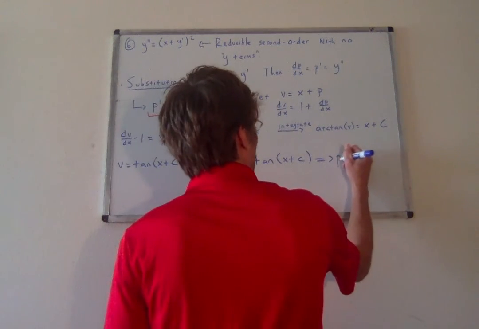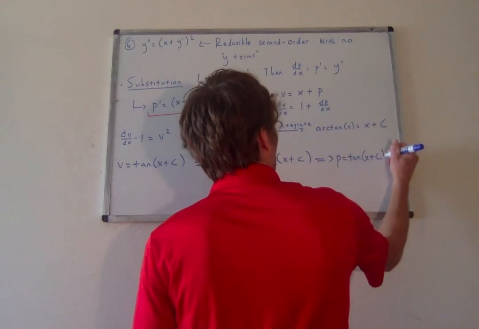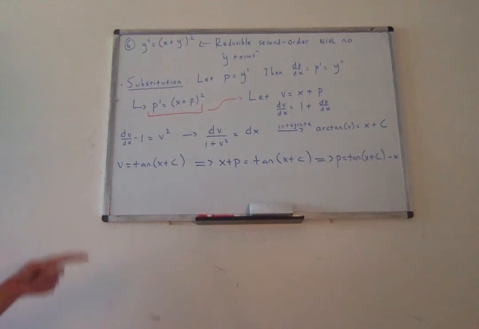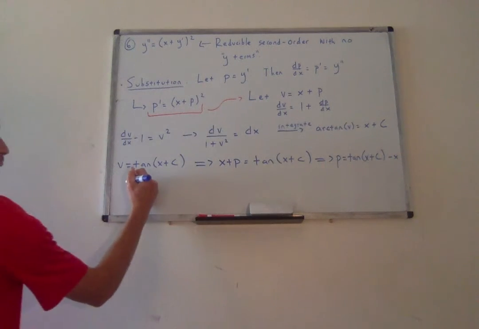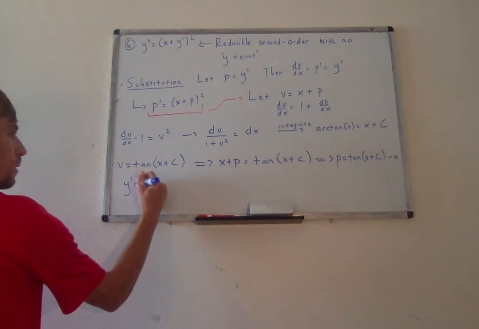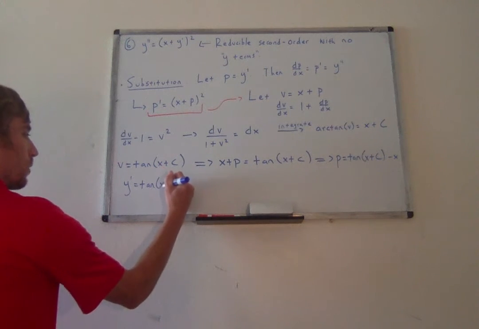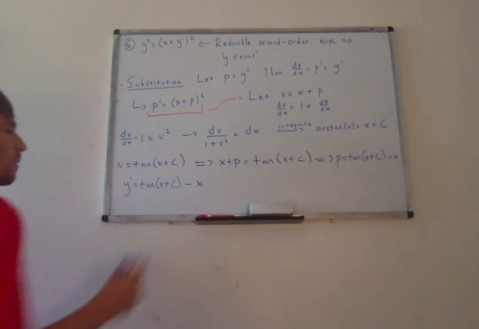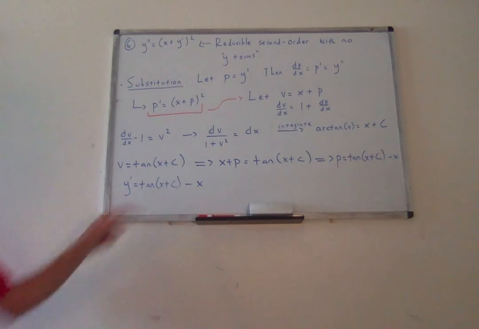And so p is equal to tan of x plus c, minus x. But what was p? p was equal to dy dx, or y prime. But now we have this in a form that we can integrate, because we have y prime is equal to tangent of x plus c, minus x.